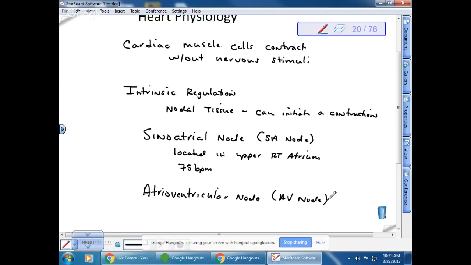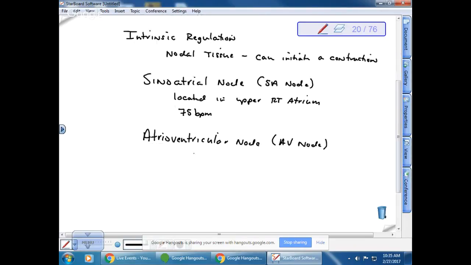And this is located in the bottom part of the right atrium, near the connection between the atria and the ventricle, between the right atrium and the right ventricle. And it has a special function in that it delays contraction by just a fraction of a second, like 0.1 seconds.